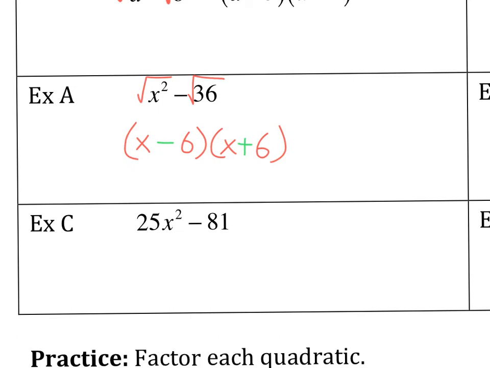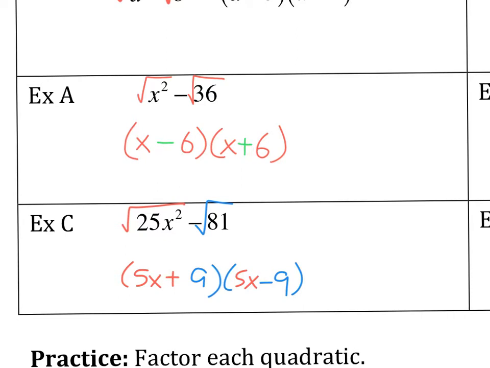And notice that your perfect squares don't have to be simple perfect squares. They can be ugly looking. Look, 25x squared is a perfect square, 5x. 81 is a perfect square, it's 9. So there we go, 5x plus 9 and 5x minus 9. Oh, but Swenson, up here you put the minus first and then the plus, and down here you put the plus and the minus.